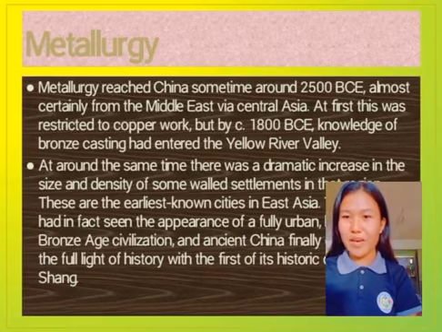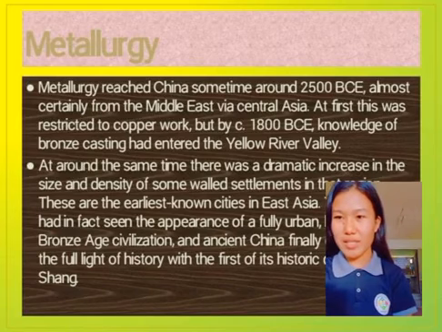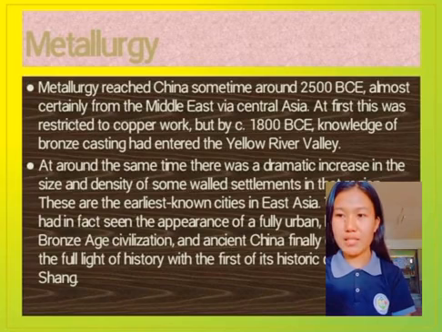Metallurgy. Metallurgy reached China sometime around 2500 BCE, almost certainly from the Middle East via Central Asia. At first, this was restricted to copper work, but by c. 1800 BCE, knowledge of bronze casting had entered the Yellow River Valley.